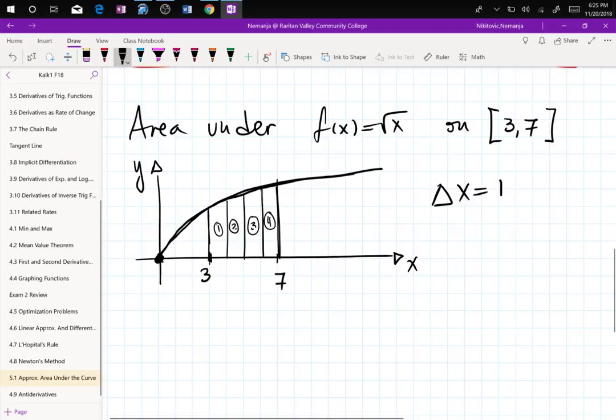So delta x is 1. Let's use left. So the area that we are going to get is going to be lower than the actual area.